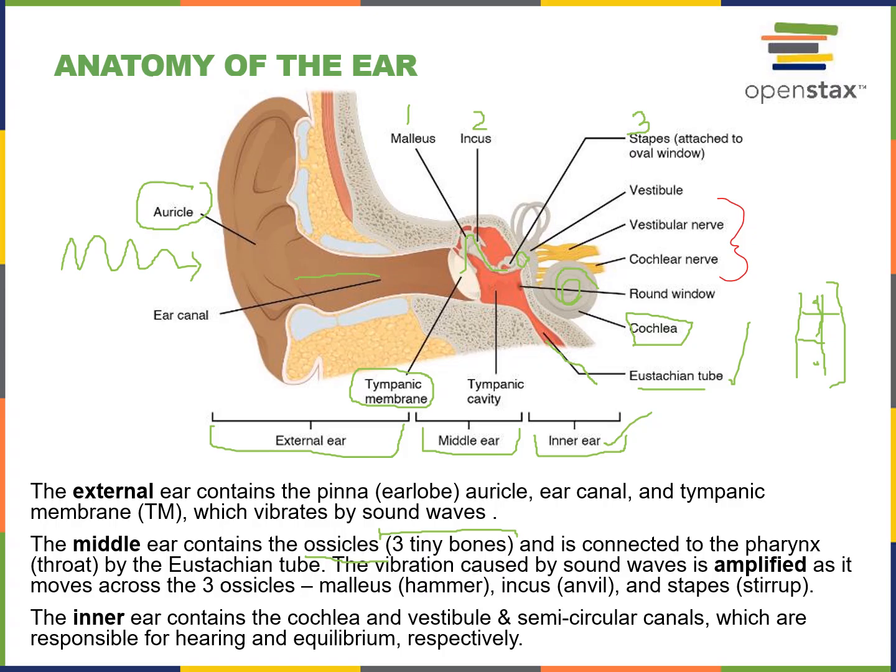The vibrations will disturb that fluid, kind of the way waves on a beach move. And that disturbing of the fluid causes action potentials to be set off, many action potentials, all leading to this nerve here called the cochlear nerve.